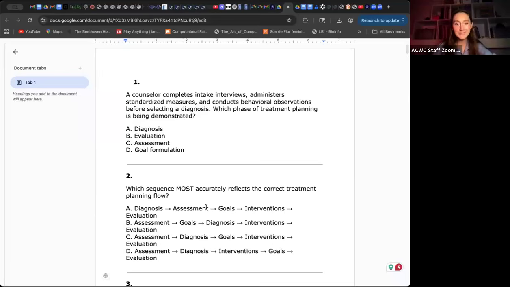All right, so the first set of questions are just on this, before we transition over to the DSM-5 part, the diagnosing aspect of treatment planning. All right, can you all see these questions?